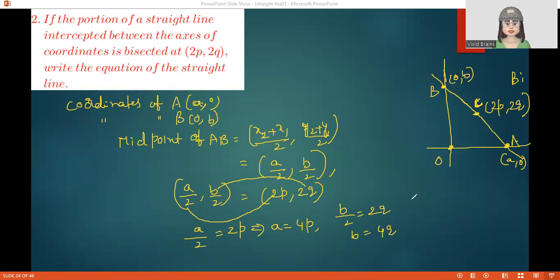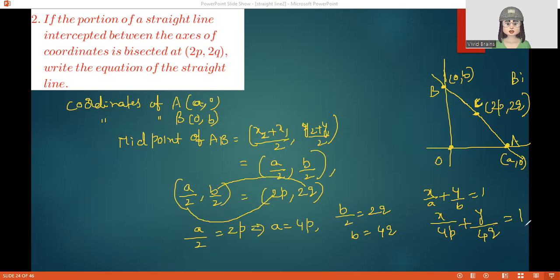So we can easily write the intercept form, that is x by a plus y by b is equal to 1. x by a is equal to x by 4p, and y by b is equal to y by 4q. This is equal to 1. So x by 4p plus y by 4q is equal to 1.